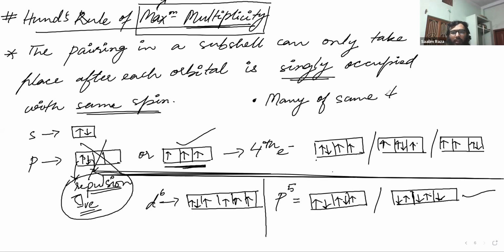When we are singly filling the orbitals with the same spin, what is many? Many are the electrons. What is the same type? The same type is the spin. We are filling many electrons with the same spin. That is multiplicity. Now, what is maximum here?